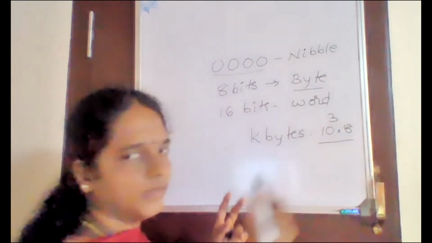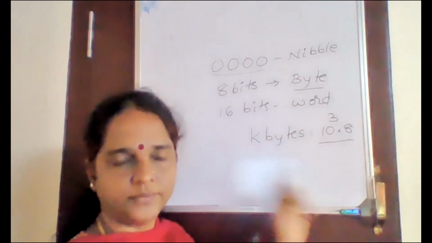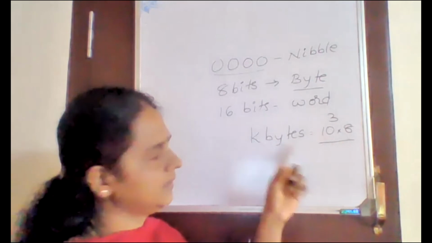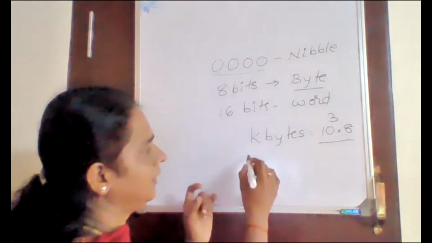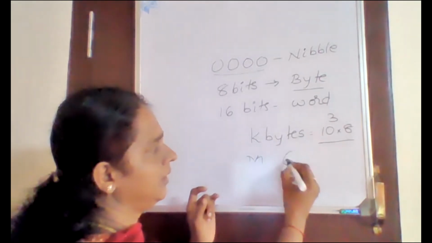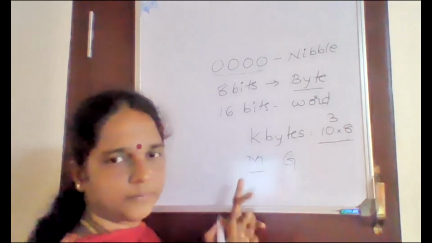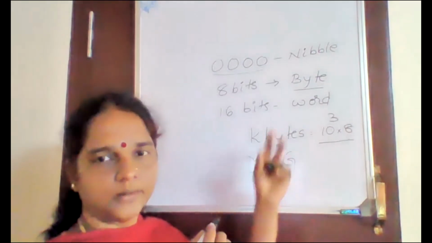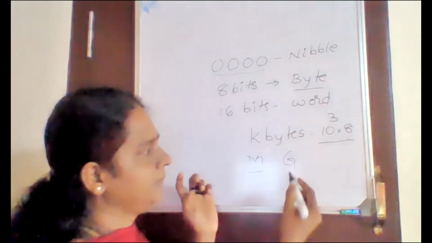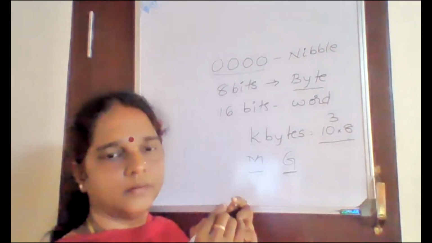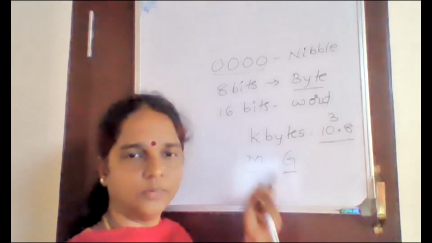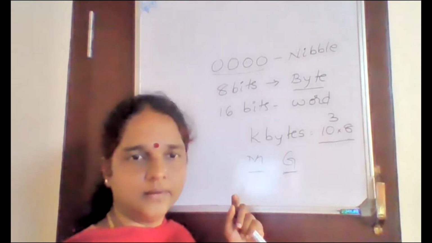Likewise, megabytes and gigabytes. M is the representation for megabyte, G is the representation for gigabyte. The speed of any electronic communication is measured in kilobytes, megabytes, or gigabytes.